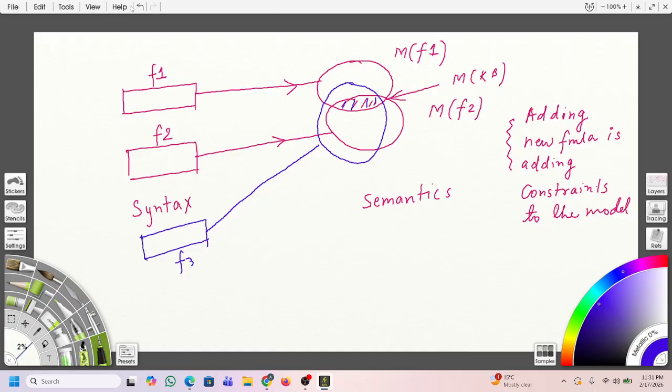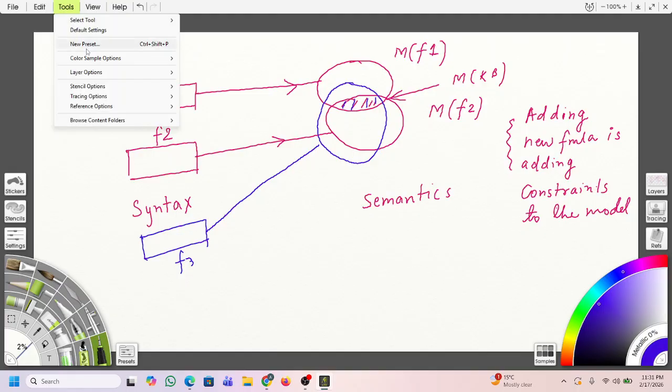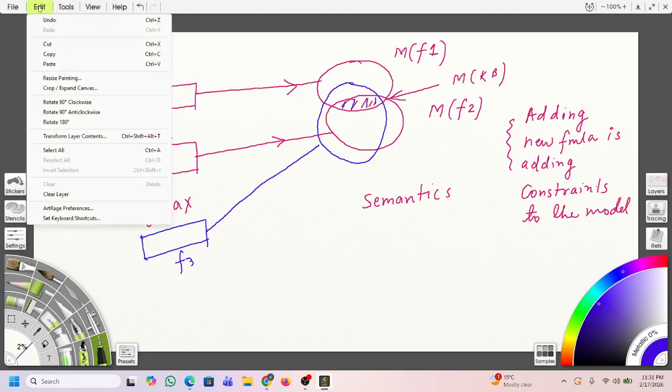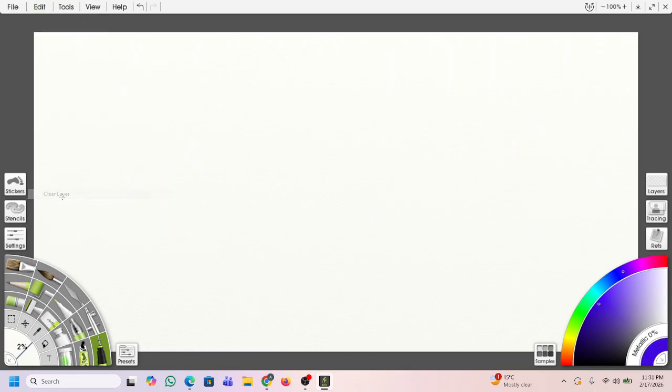Now let us take one more example. We are given the model of rain, and I am given the model of rain implies wet. Let us draw these things.